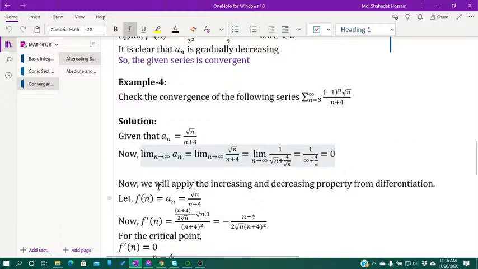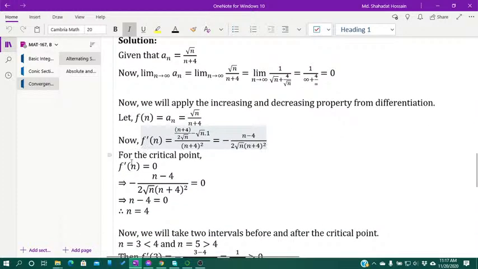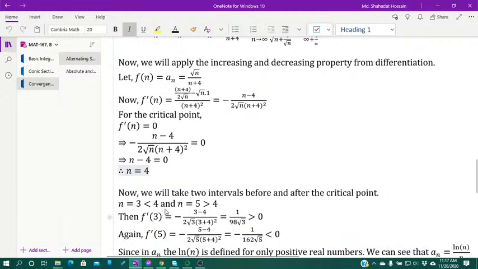Now in this series also we cannot easily check whether the series is increasing or decreasing, so we have to apply the increasing and decreasing property from differential calculus. So consider f of n equals a_n and differentiate both sides, and we will get this result. Now for the critical point, if the first derivative is equal to 0, after simplifying n would be 4.